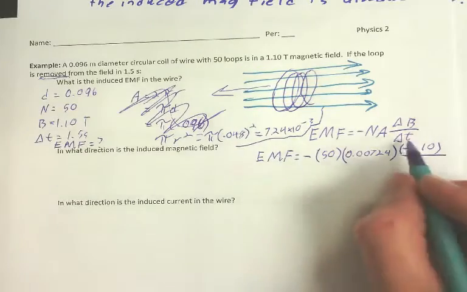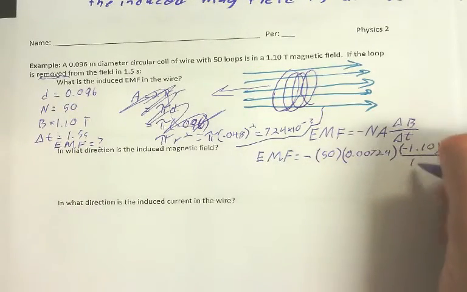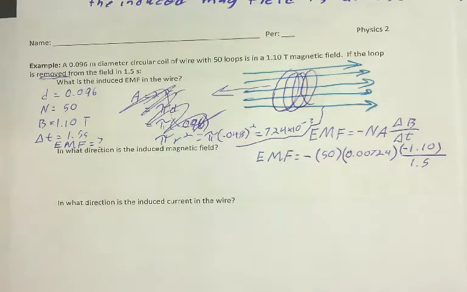And then delta T is the time it took to do this, 1.5. And then it's just a matter of doing all the math here together. So this times the number of loops times negative 1.1 divided by 1.5.